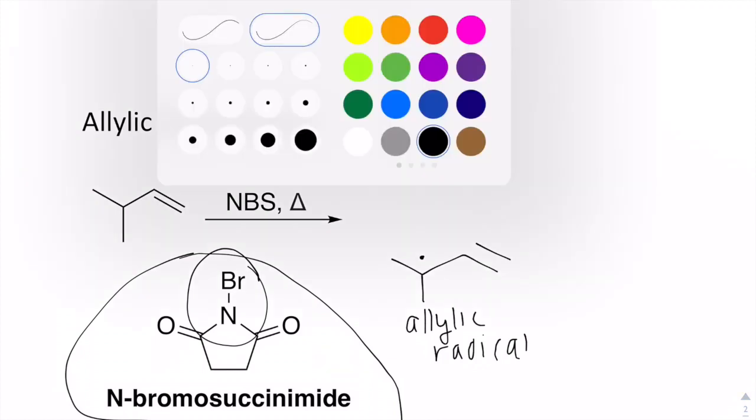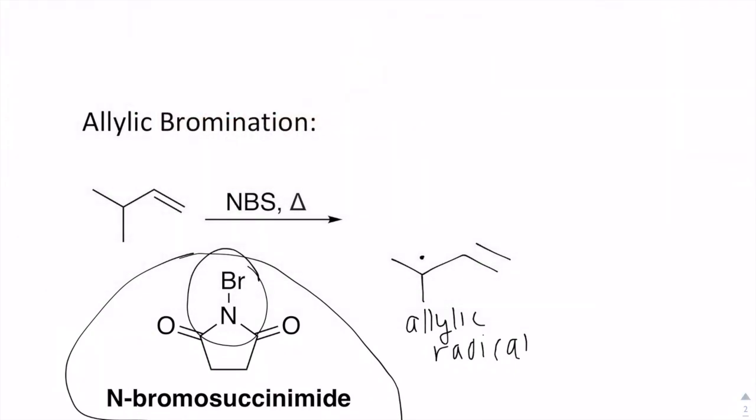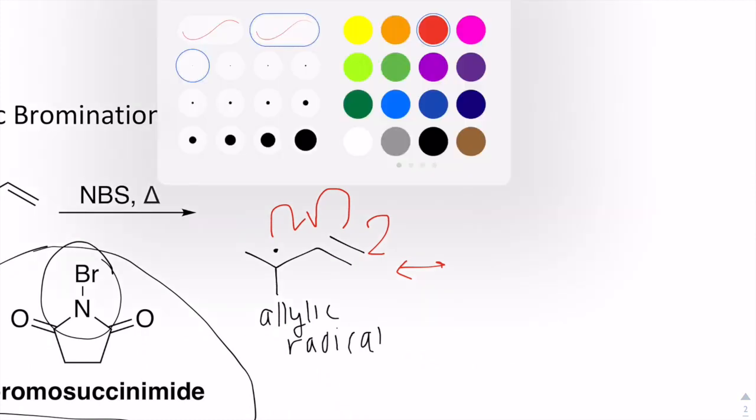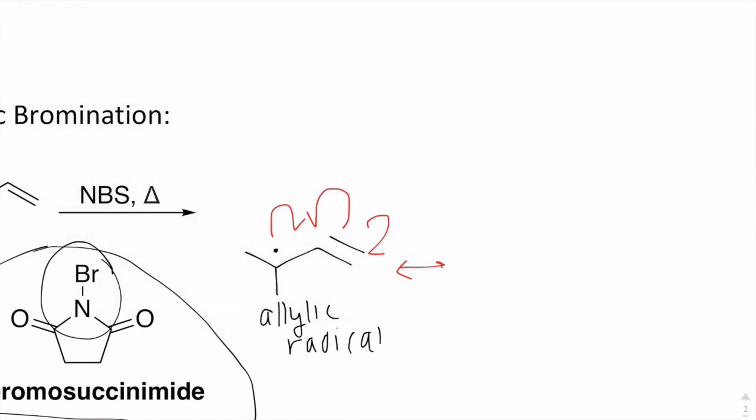So we need to check for alternate resonance structures where maybe that pi bond is becoming more stable. If I show this sort of resonance, I can draw the other major contributor, the other resonance structure. We would see that this is the result of resonance.